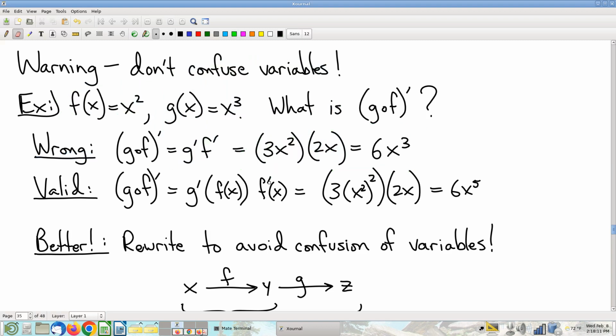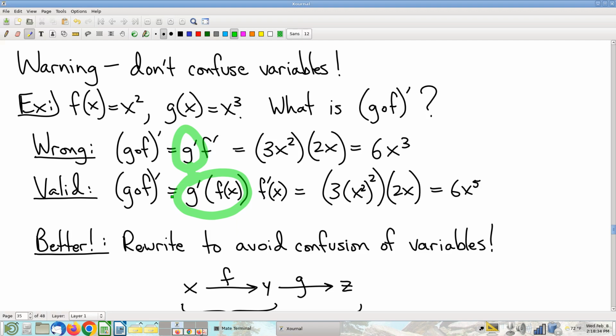Okay, now let's fix it. The mistake, of course, was that when I wrote down g prime, I should have written g prime evaluated at f of x. That's the deal, right? G is not being evaluated at x. It's being evaluated at f of x because we're composing, right?